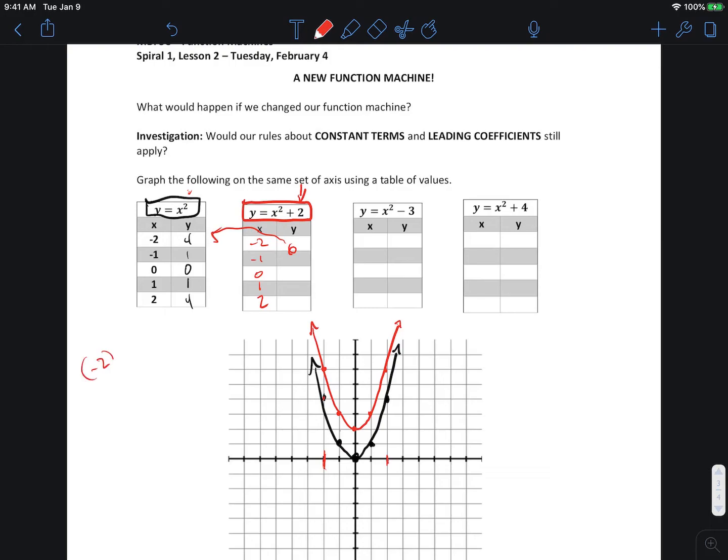I get -2 squared plus 2. What should that be? 4 plus 2, which equals 6, right? Okay? So then I know I could fill out the rest of the table, right? So I'm going to do the same thing: -1, 3, 0, 2, 1, 3, and 2, 6, right?